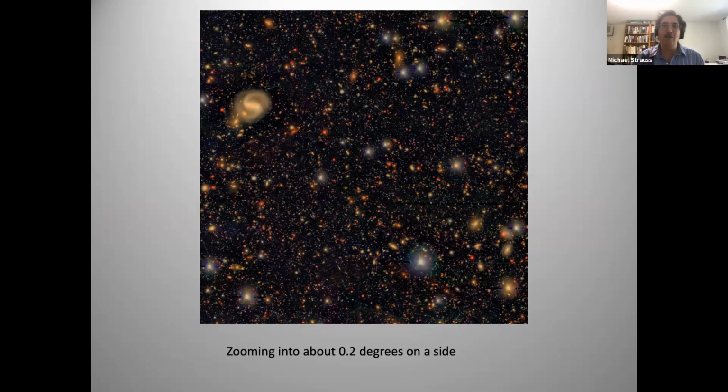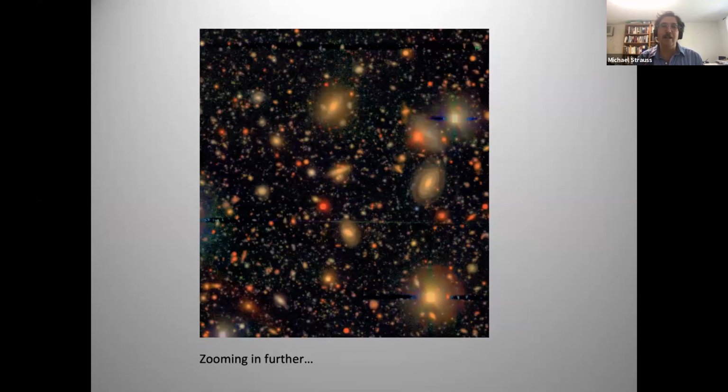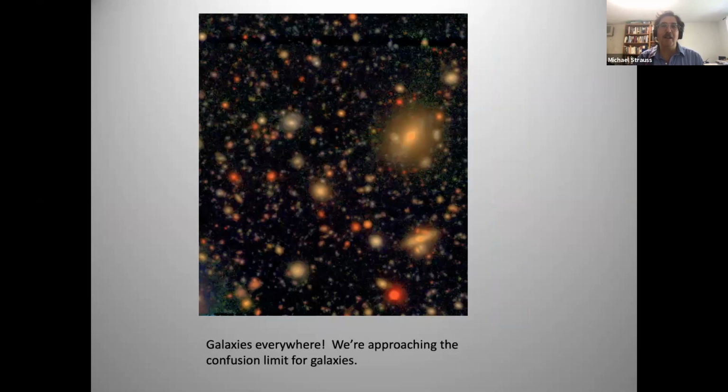If you just keep on zooming in, you get a sense of just how rich the sky is in galaxies. It's not literally true that everything that we see is a galaxy, but the vast majority of the objects, certainly at the faint end, are galaxies. Let me just take one more. Now we're looking at a few arc minutes on the side, and you see that the number density of galaxies is incredibly high.